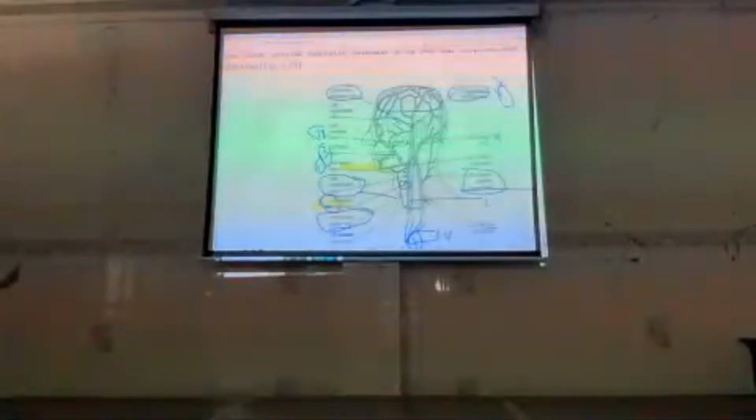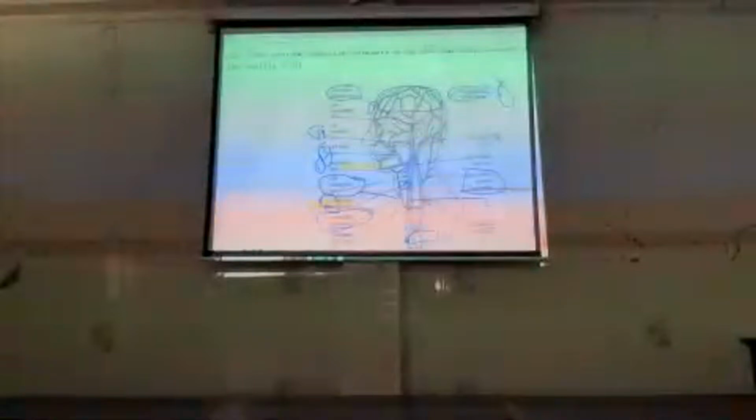Now, when I talk about the circle of Willis, I said supraorbital. Supraorbital means this frontal region; orbit means the eye, so supraorbital is above the eye.